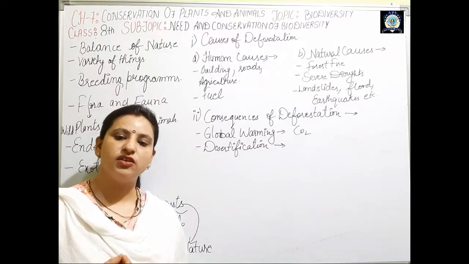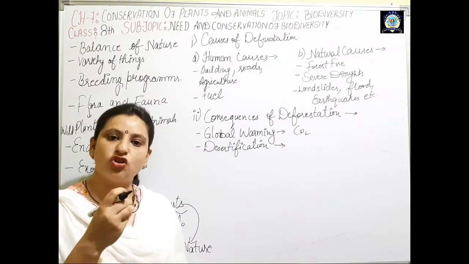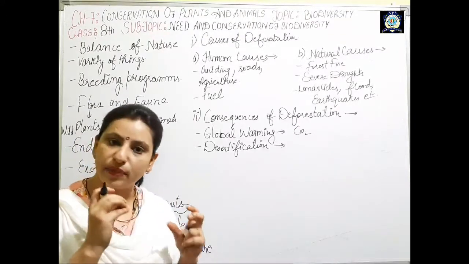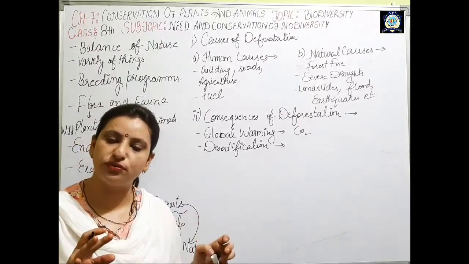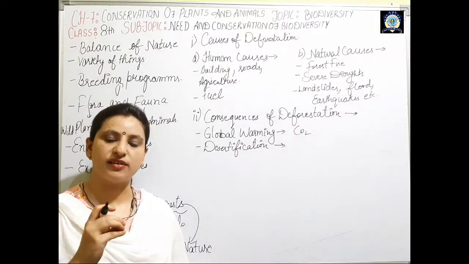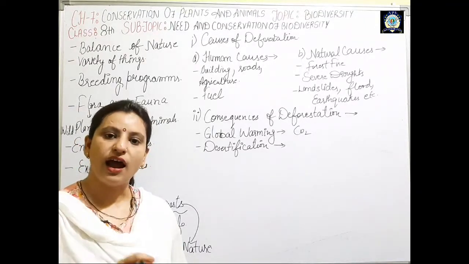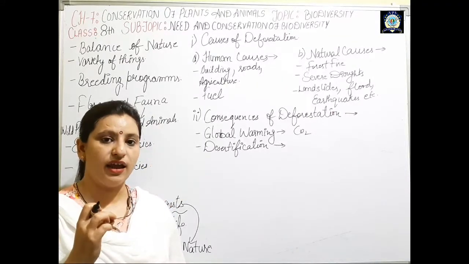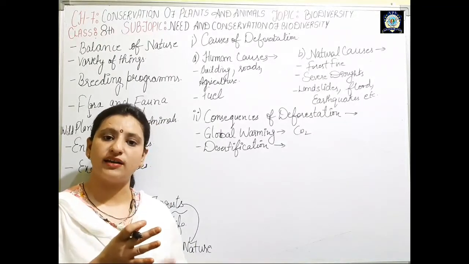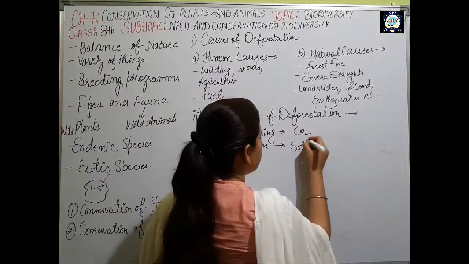The water table is disturbed, and the upper layer of the soil does not have very good water holding capacity, because many trees are cut off. So the water will seep deeper into the soil, and the upper layer of the soil becomes dry. And if there is high velocity wind from that area, then it will lead to soil erosion.